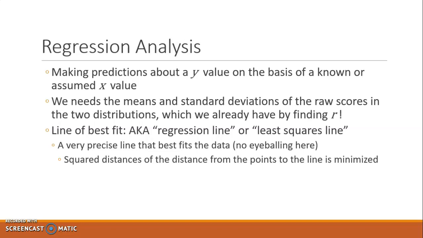So the squared distances between the points and the line are minimized. It's going to make more sense, I think, when it's not in words. Okay? And when we have this, we'll be able to predict a value of y given a particular x. We'll be able to predict what that perfect line would be given a value of x.